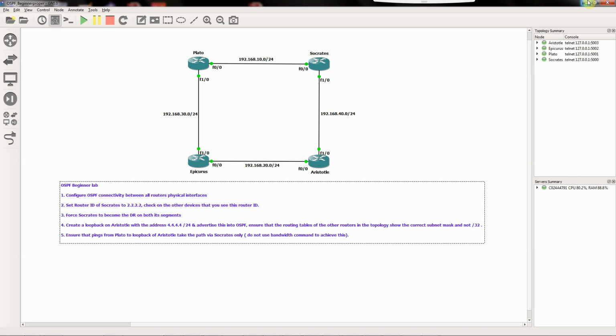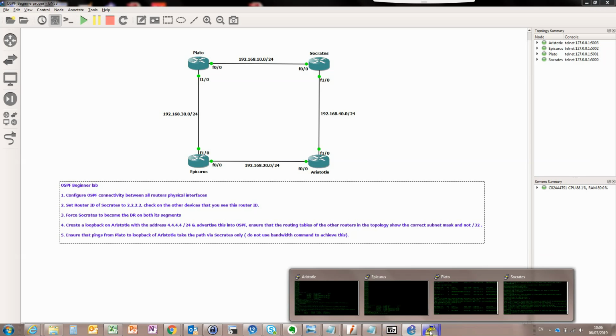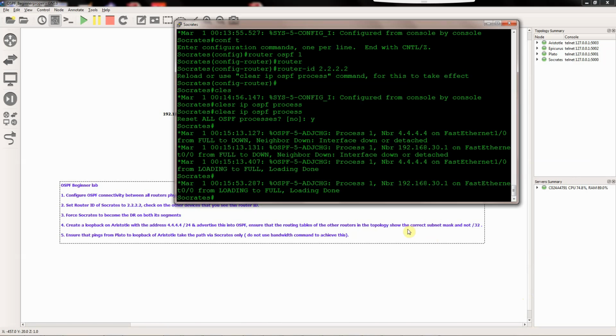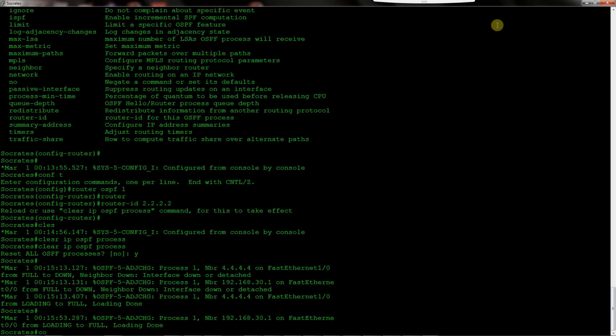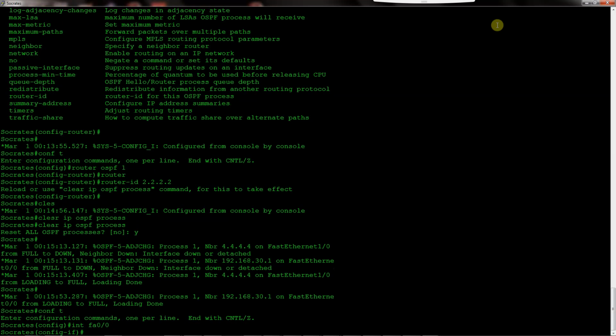So how do we go about changing that? How do we force Socrates to be the DR? Well, the answer is that we need to raise the priority on Socrates. So let's have a little look at what we're going to do. We're going to Socrates, and we have to do this in the interface configuration mode.